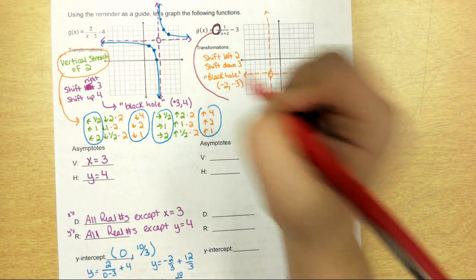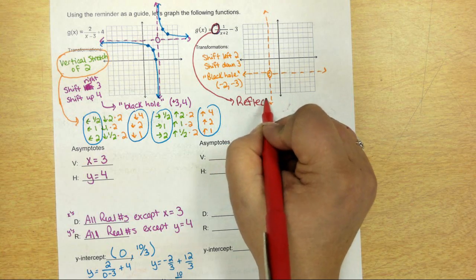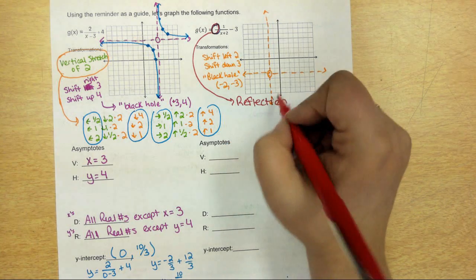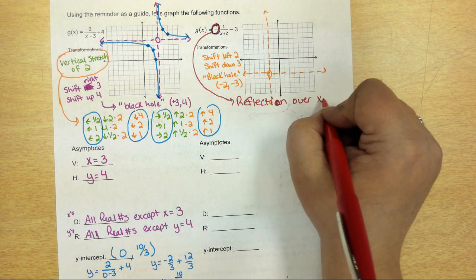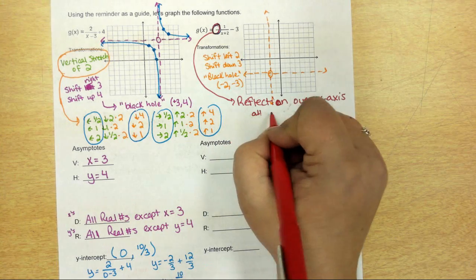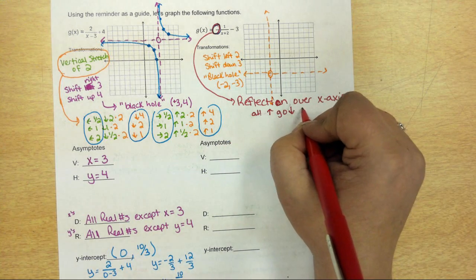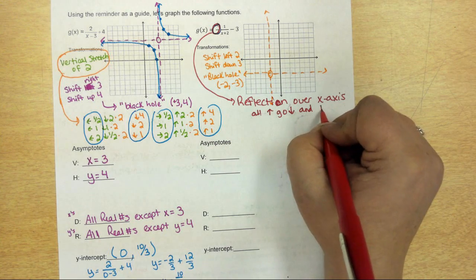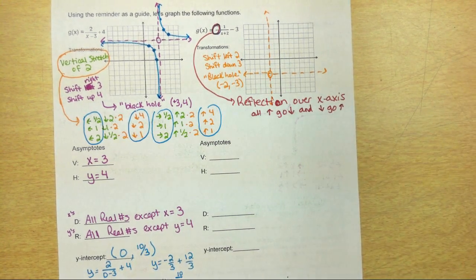So this is going to be a reflection. Which axis do you think it's going to go over? It goes over the x-axis. So all ups now go down, and any downs now go up. Okay?